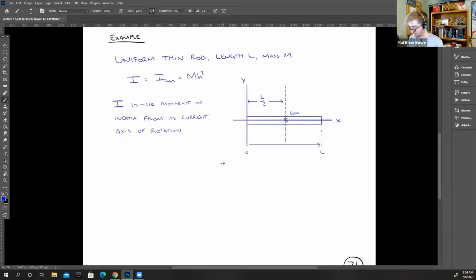Now, what else do we need? What is I center of mass? The moment of inertia center of mass is the moment of inertia if it were to rotate from its center of mass.